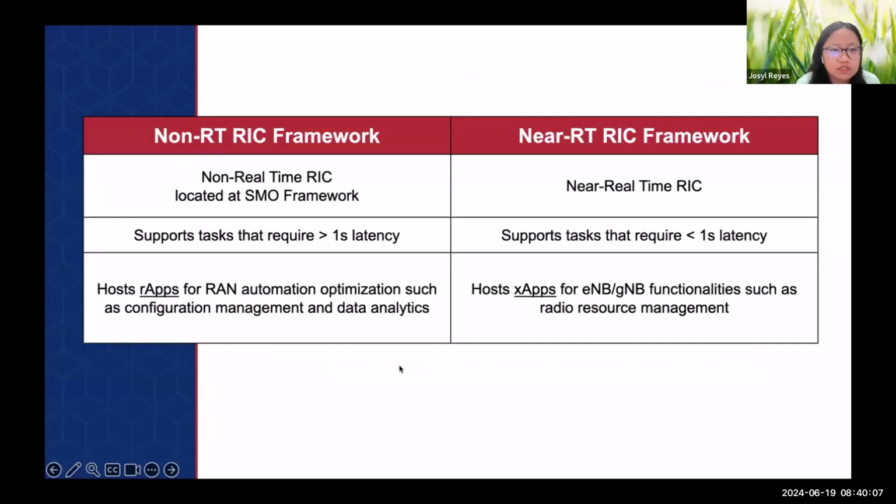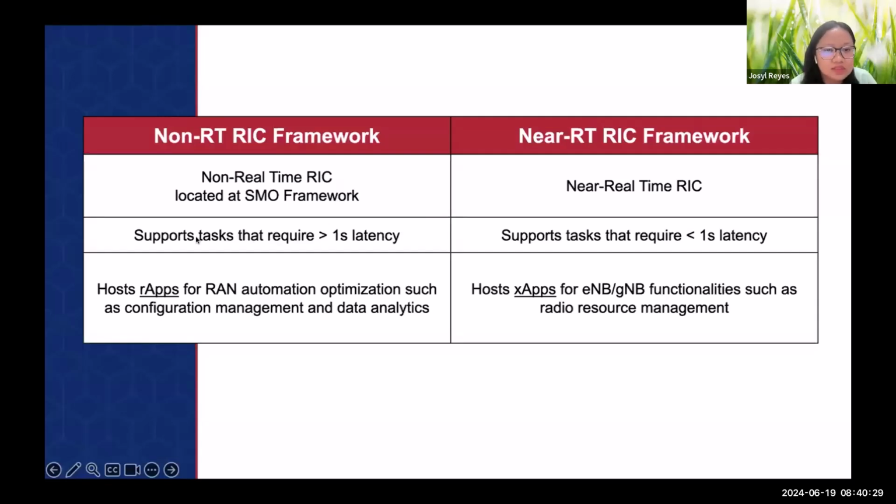Now we have two types: the non-real time and the near real time RIC framework. The non-real time RIC, if you remember from the architecture, is at the top, the purple one. It's in the SMO framework, and it connects to the near real time RIC via the A1 interface.